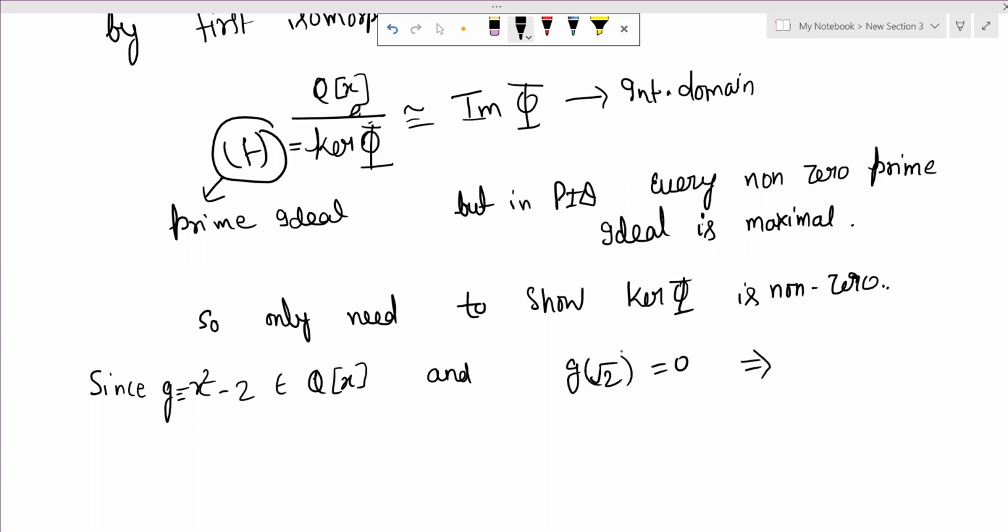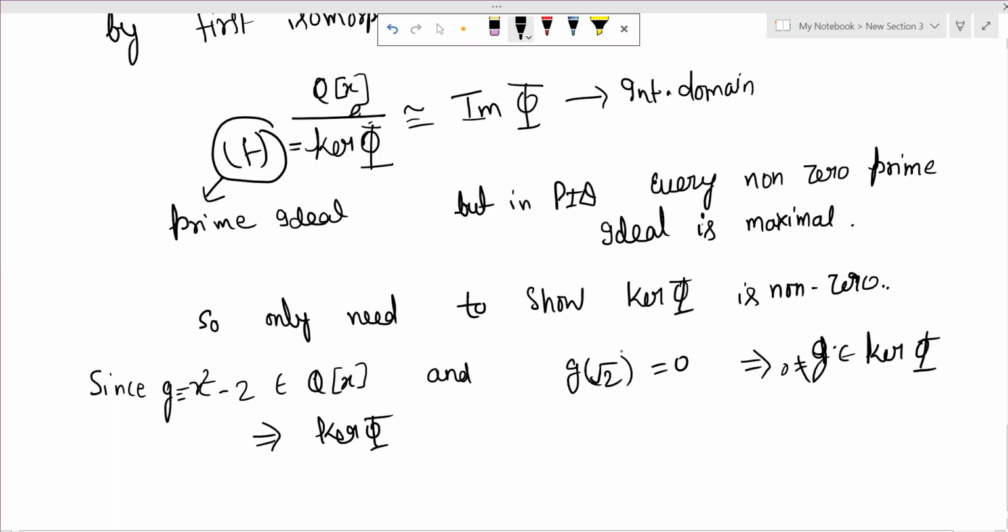This implies g belongs to the kernel of phi, and 0 is not equal to g. This implies the kernel of phi is non-zero. This implies the kernel of phi is a maximal ideal.